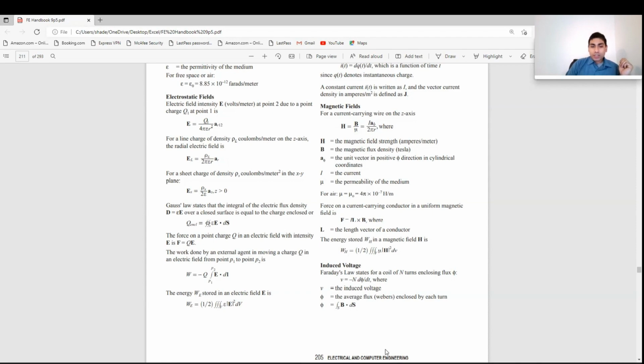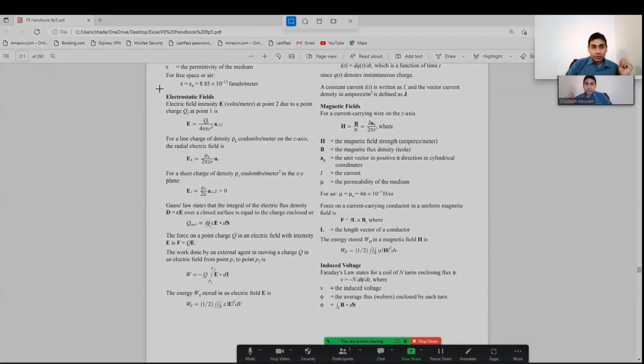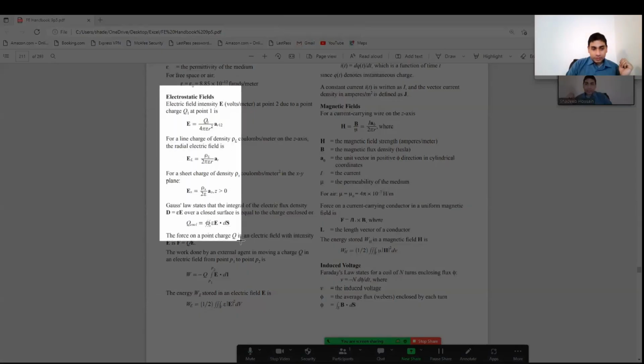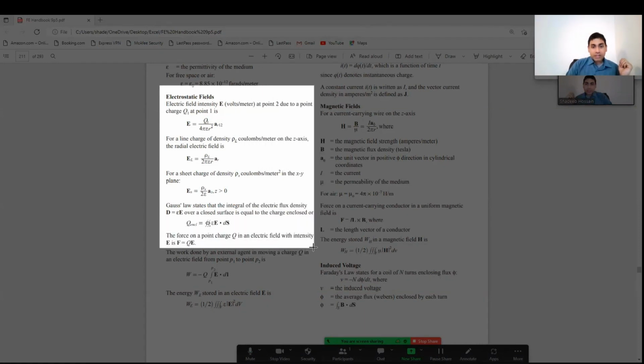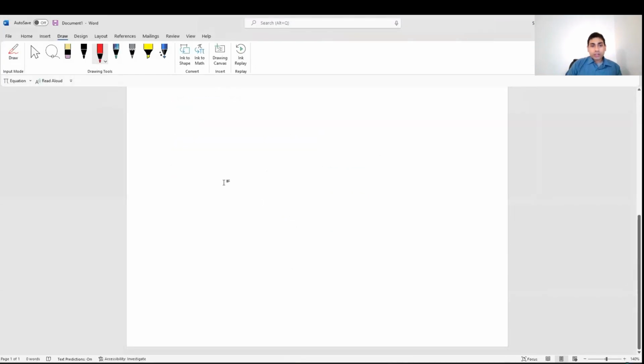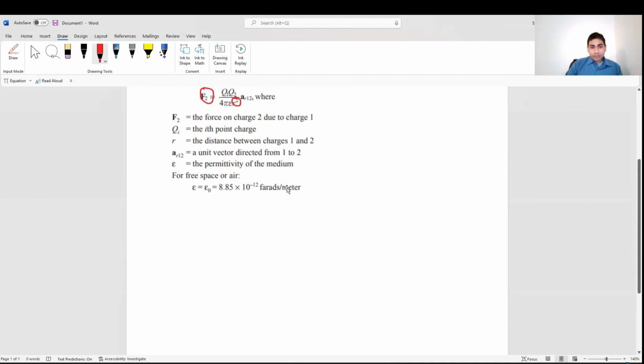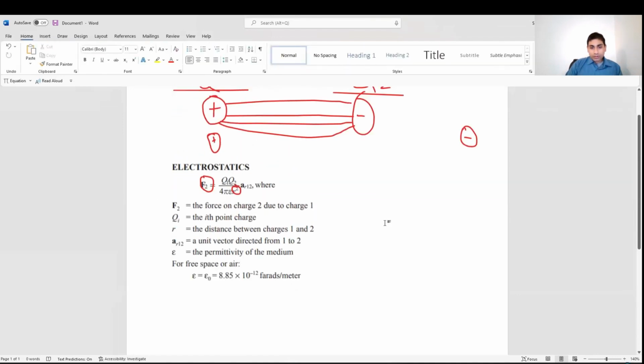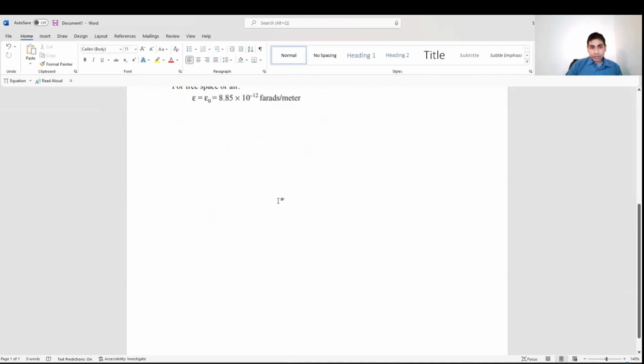Okay. Let me just take a snipping tool just to make sure. It's given by this equation over here. Let me just scroll down, just to make sure.